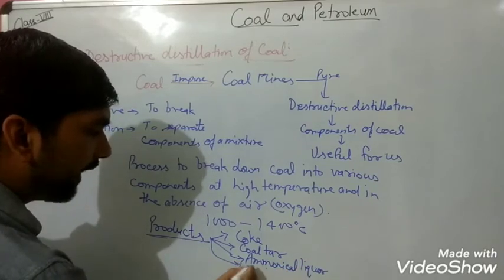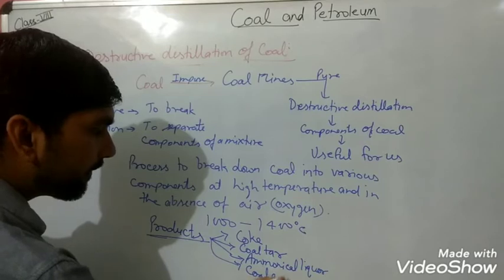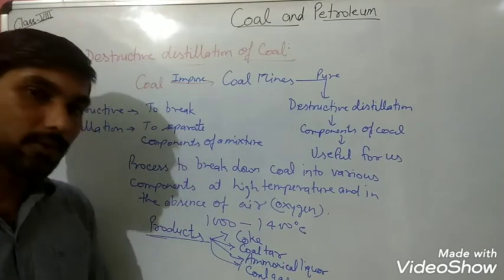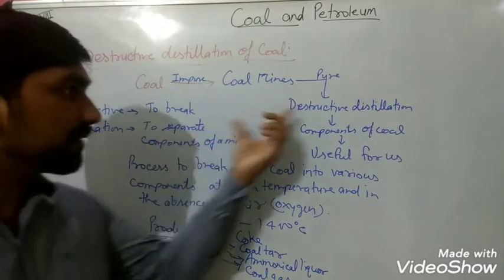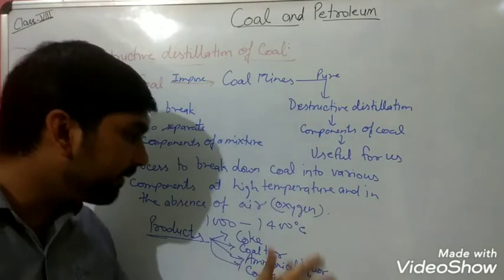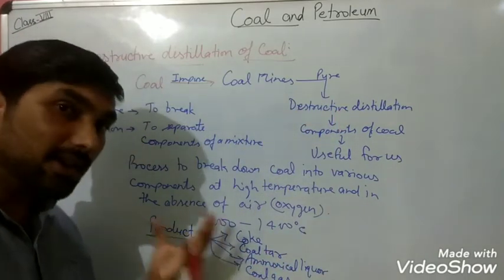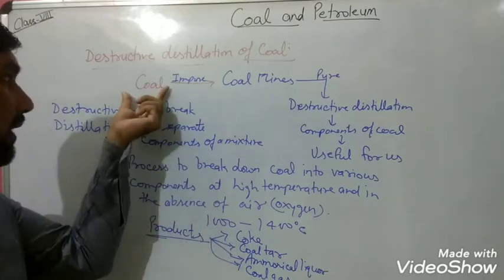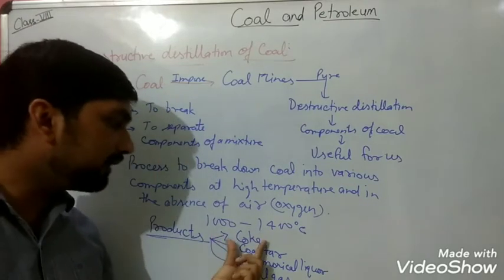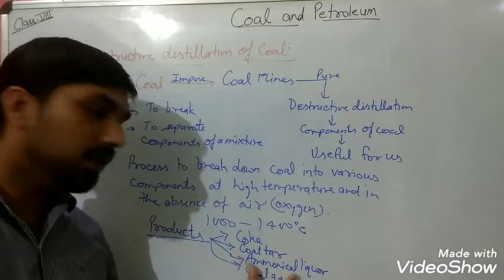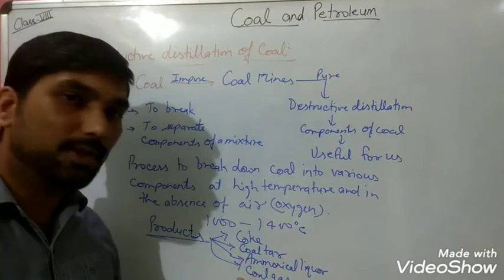And the last one is coal gas. So we perform this process, destructive distillation, to obtain these 4 products or components from the mixture that is known as coal. These products are coke, coal tar, ammonical liquor and coal gas.